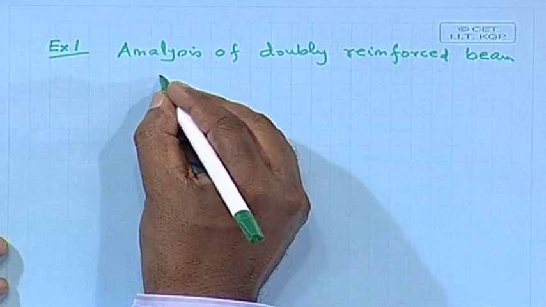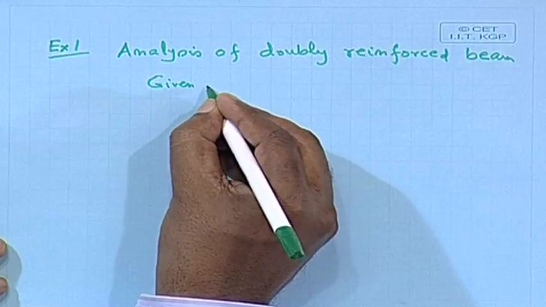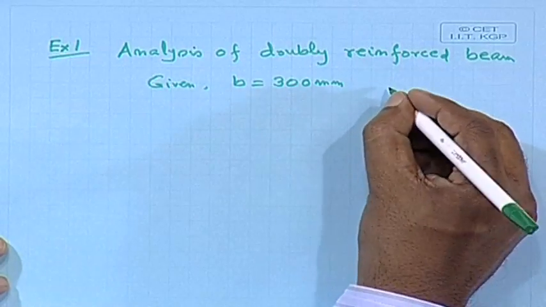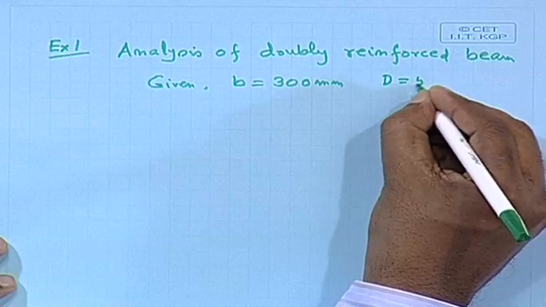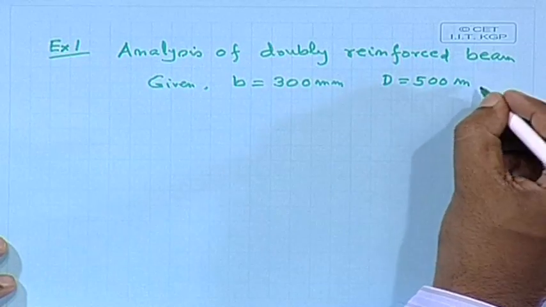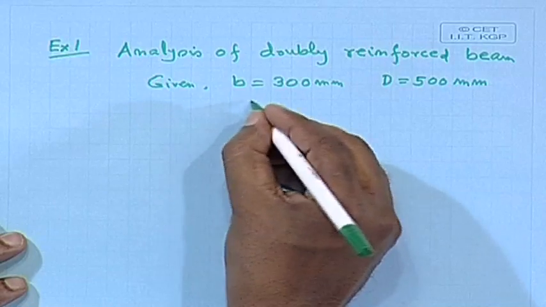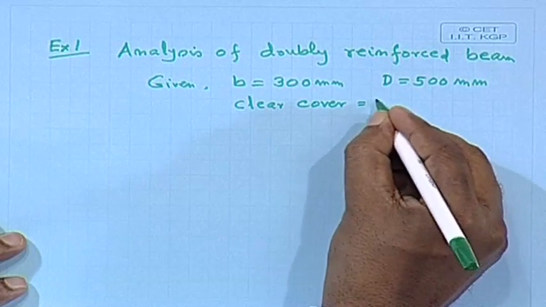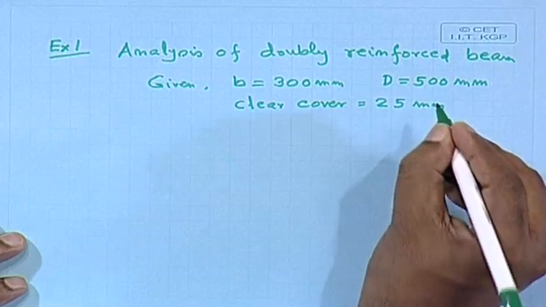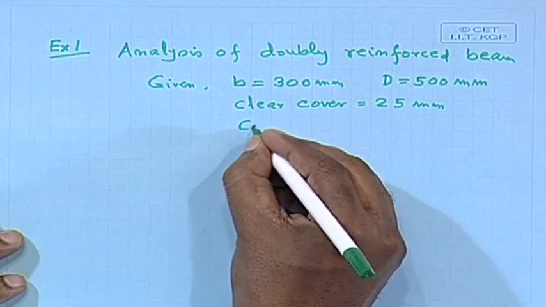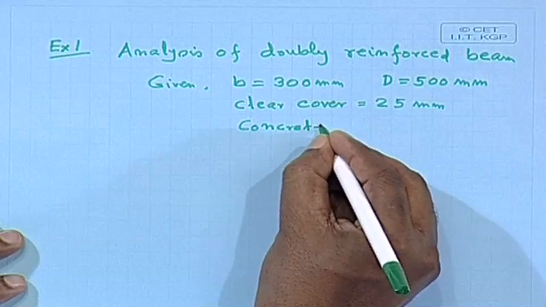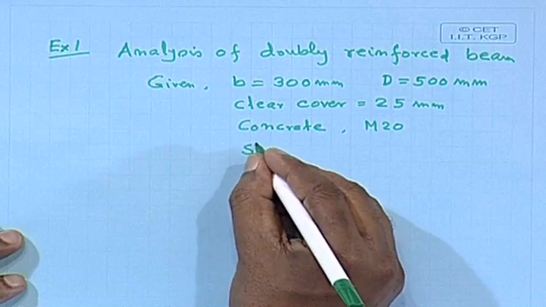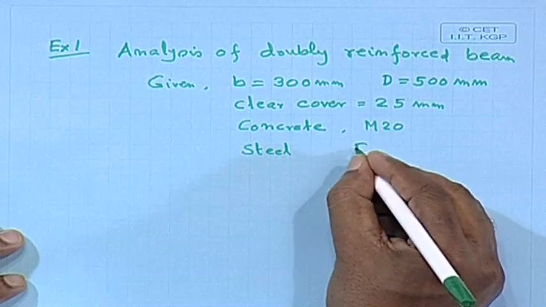Given: B equal to 300 millimeter, D 500, clear cover 25 millimeter, concrete M20, steel Fe415.